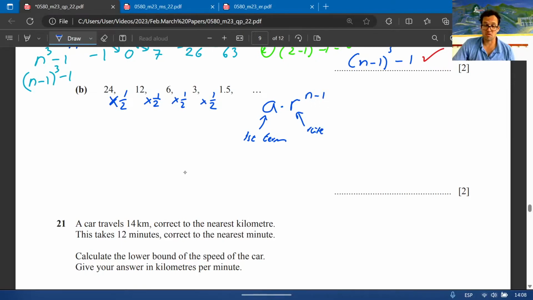That's it. So here the first term being 24, times the rate, which is a half, because we're multiplying by half each time, to the power of n minus 1. Can't multiply the 24 and a half because the half's got a power and an unknown at the top. So it's not 12, right? That's the answer.